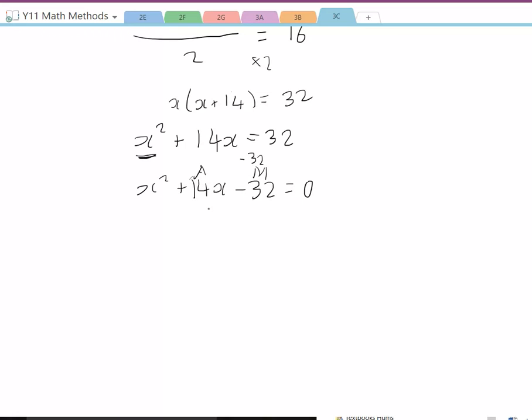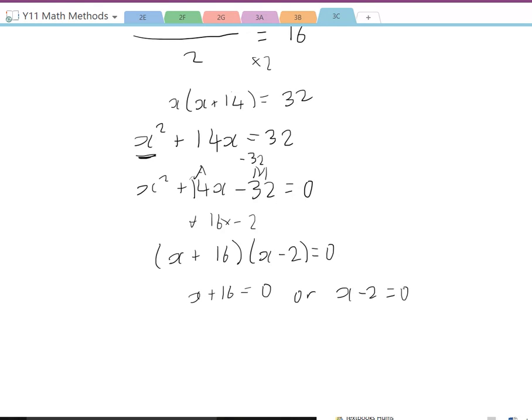All right, so what adds to give 14 and multiplies to give negative 32? Negative 2 and positive 16 multiply together to negative 32, and they would add to give 14. So you've got x plus 16 times x minus 2 is equal to 0. You can check if that answer is correct by expanding back out and seeing if you get there. So from here, either x plus 16 is equal to 0, or x minus 2 is equal to 0.